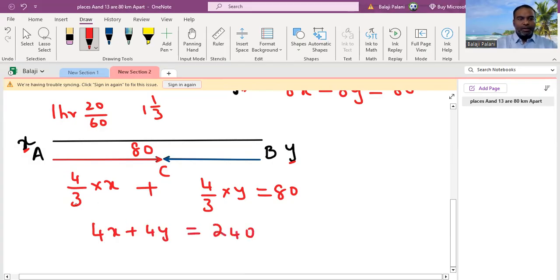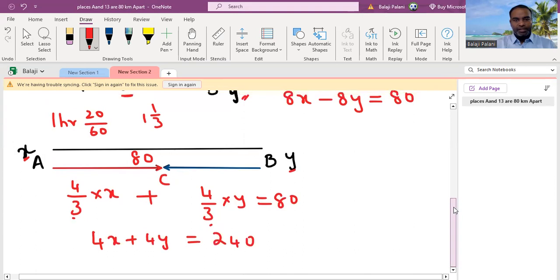How did we do this? 3 is the common denominator here, so you can just write it as 4x plus 4y whole divided by 3. Next step, 3 comes here and becomes 240, and you can simplify this by dividing by 4 throughout. Then x plus y is equal to 60. So this is equation 2, based on the second condition.